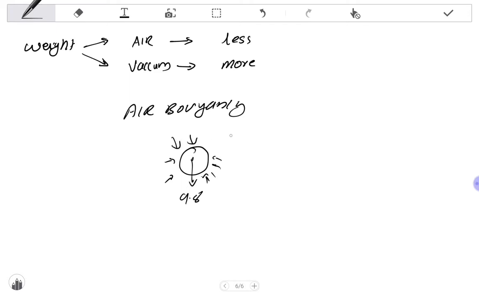Okay, so the ball has a smaller surface area, and the air pressure acts throughout the surface, lots of it acting in all directions, but some is acting from down to up also. So the object will feel a buoyancy, and that buoyancy will reduce some amount of weight.